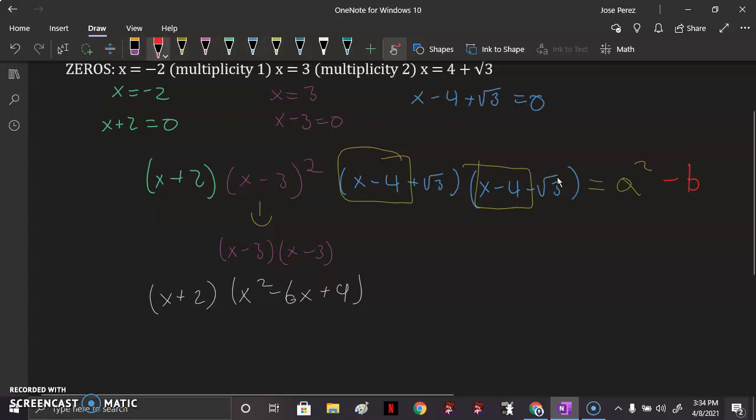And the b is just this, but regular, without the square root. So how would this look? We get x minus 4 squared minus, we don't have to include the square root, so we just keep 3.